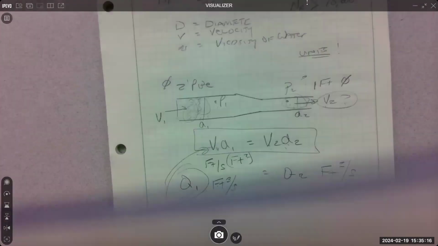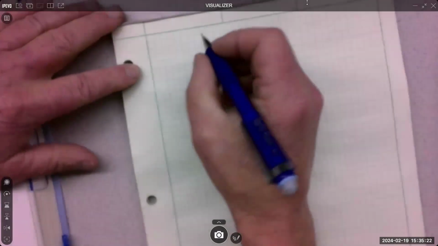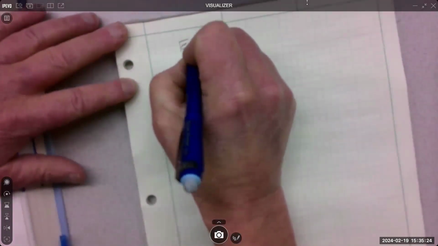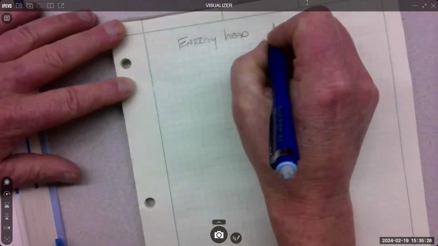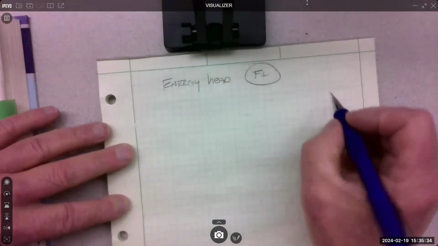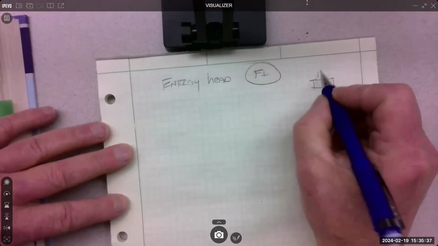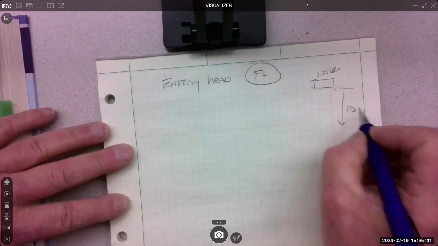But let's go through each one. Remember that the way we add these energies is with what we call energy head, and that's in feet. You can go back to my example: 100 pounds at 10 feet.